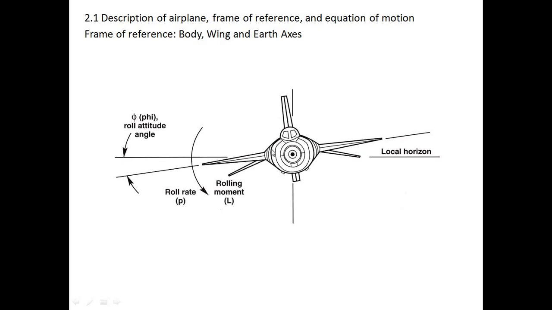The aircraft now is banking with the roll angle, phi, the roll attitude angle. This line is actually the y-axis for the body of the plane, and the respective velocity is called roll rate, and the force involved will be rolling moment.